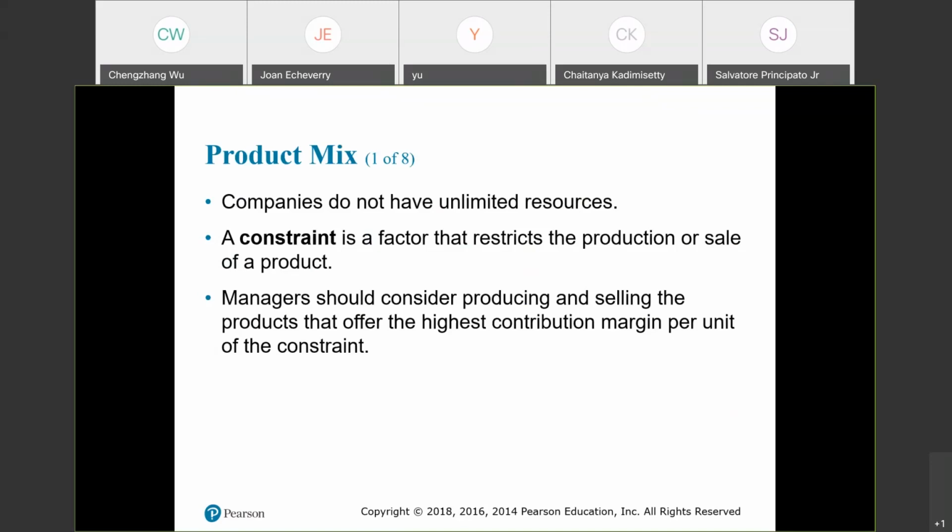That is when a company is making or selling various categories of product. The company should focus on which kind of product. As you may guess, it can be the product that is more profitable.